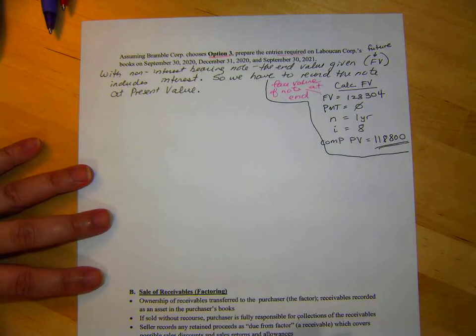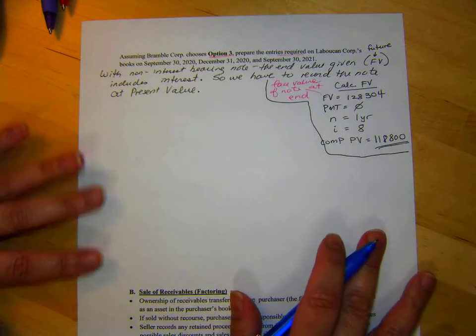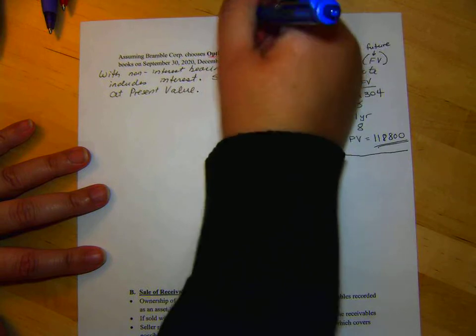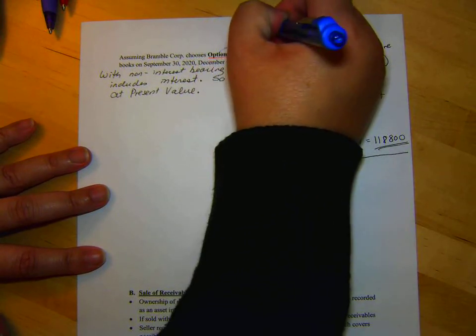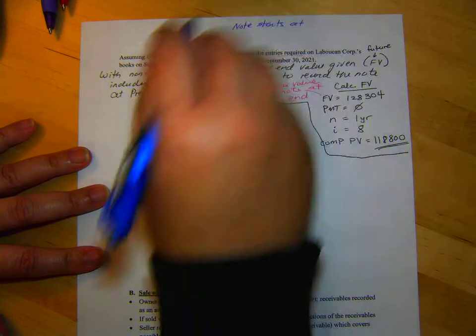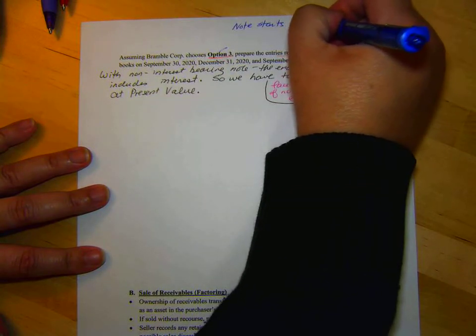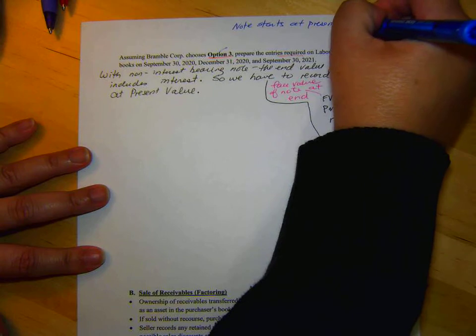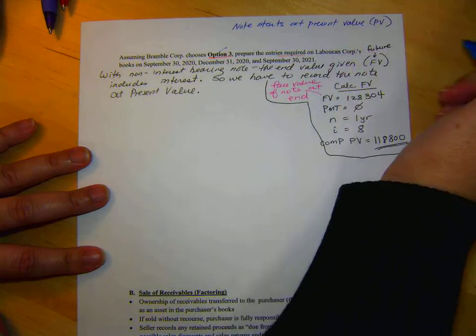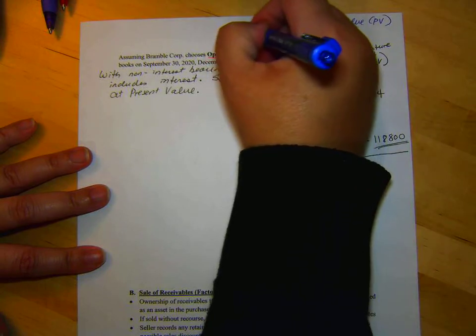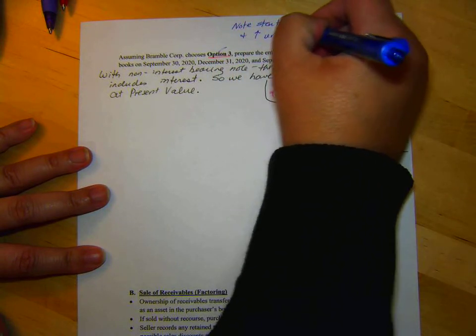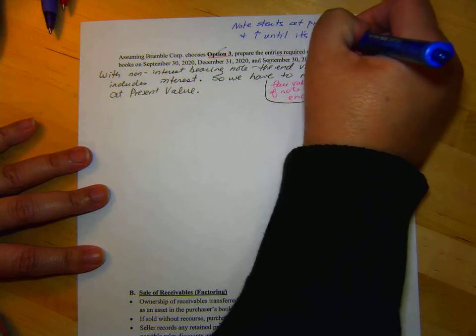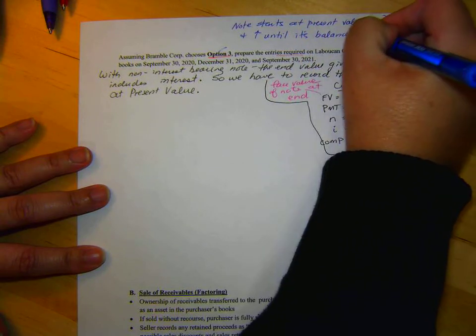Okay. So with this, basically, with option 3, the note starts at present value, or PV, and then increases until its balance is the future value.